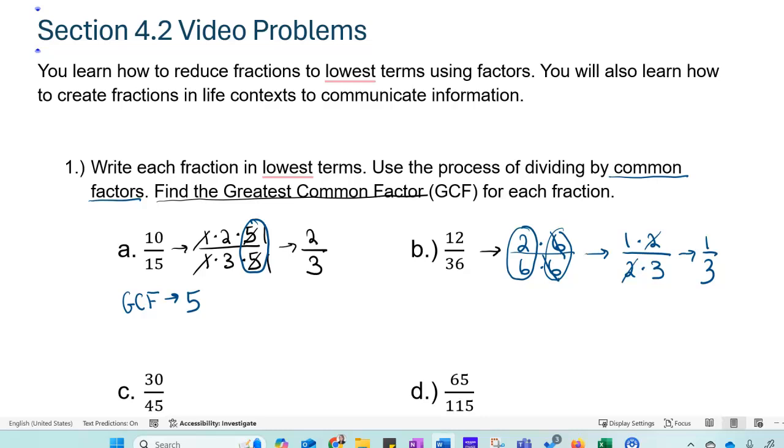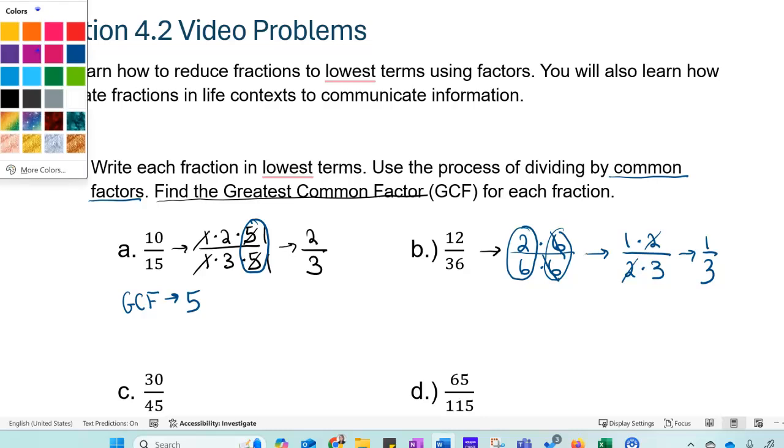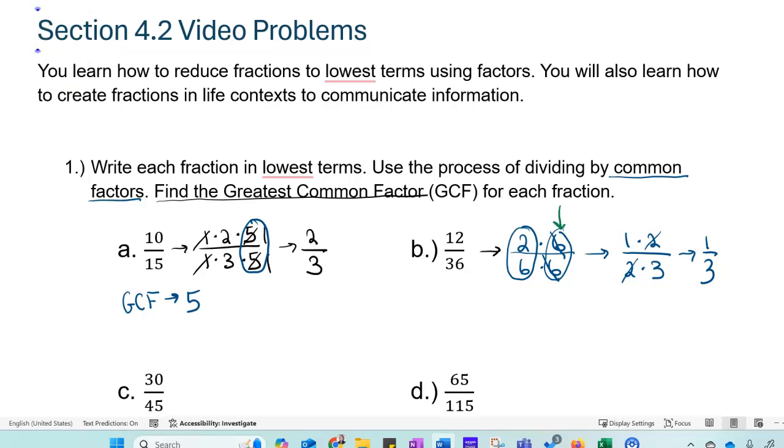But what about that GCF, that greatest common factor? Well, I want you to look at the numbers that canceled, okay? So we had 6 here that canceled, and we also had a 2. So that means my GCF is 6 times 2.